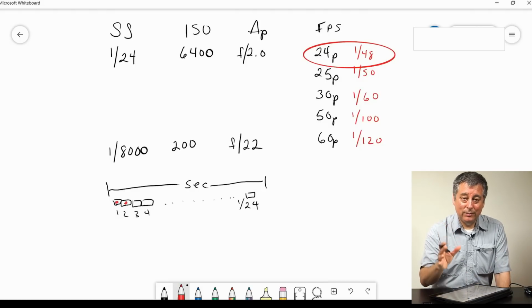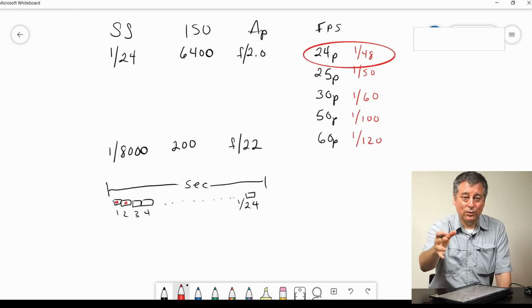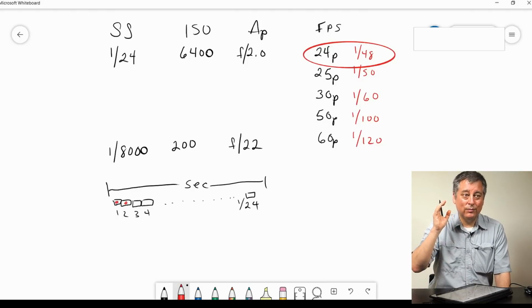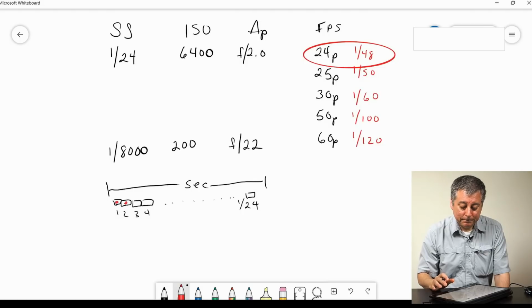Because all the movies in the theaters are typically shot at 24p, and I think our eyes and our psyche are tuned to that frame rate when we go watch a movie, and that gives us that sense of seeing a cinematic movie. So we'll just talk about 24p today.